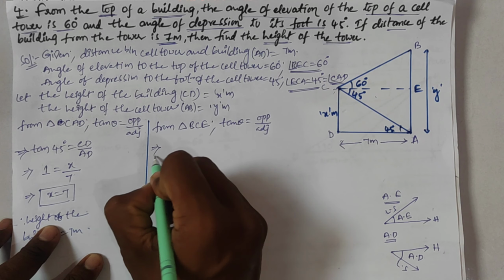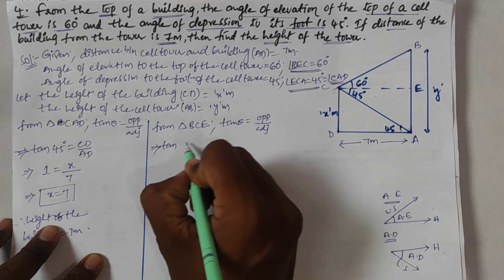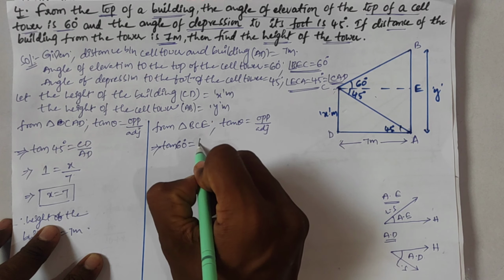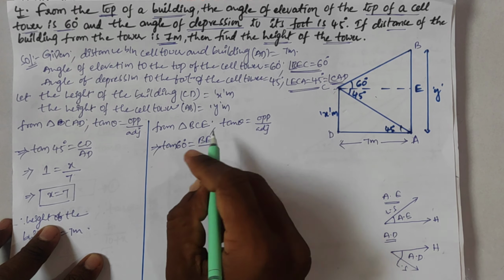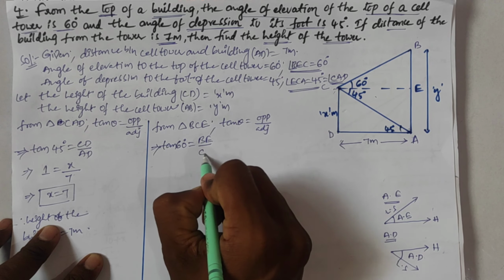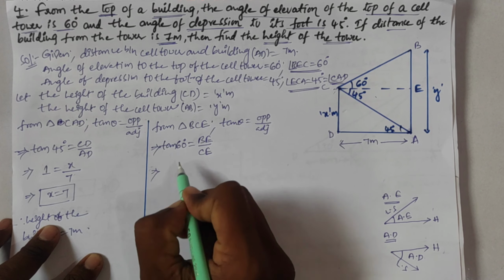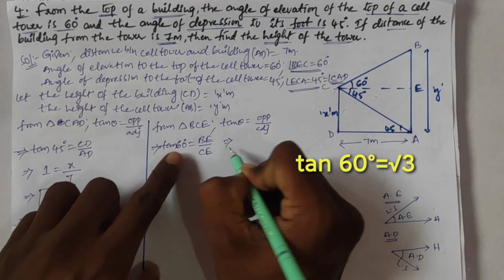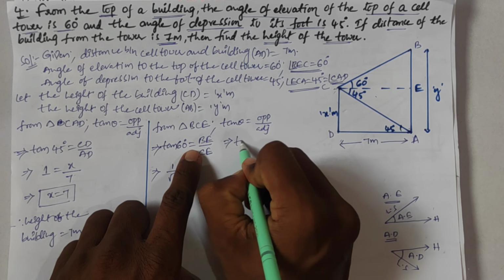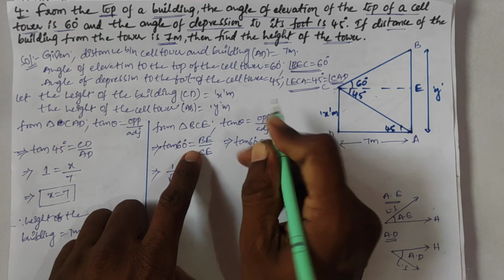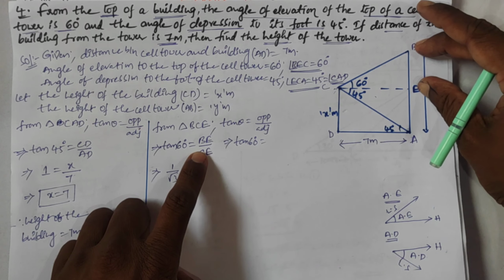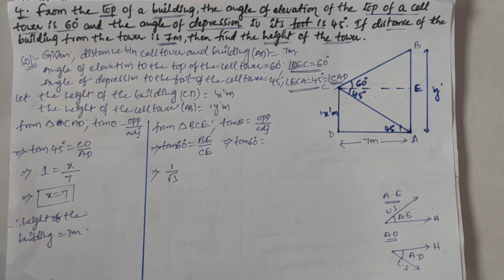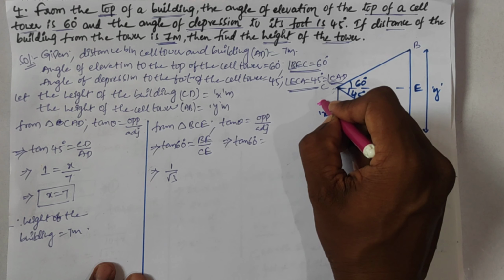This implies tan 60 degrees is equal to the opposite, BE, by the adjacent, CE. Right? This implies tan 60 value is root 3. So first we'll continue with this. Tan 60 is equal to BE by CE. How will you get the value of BE? See, we already got the CD value, 7 meters, nothing but the height of the building.